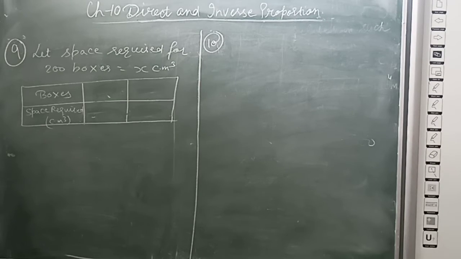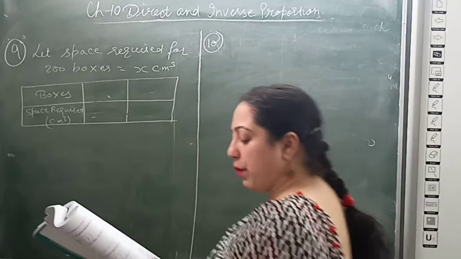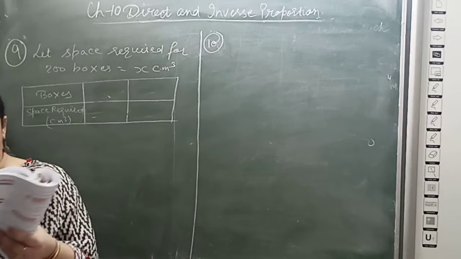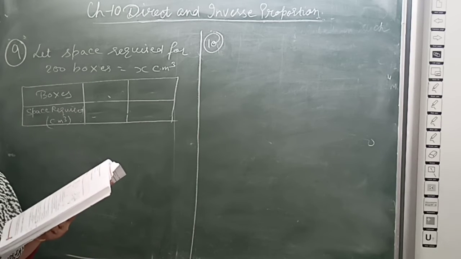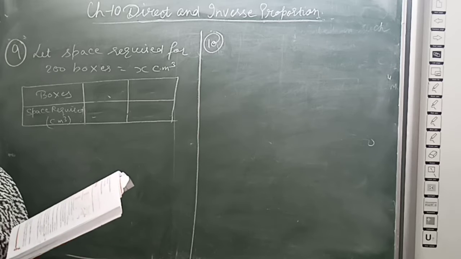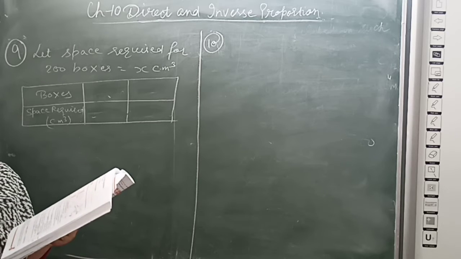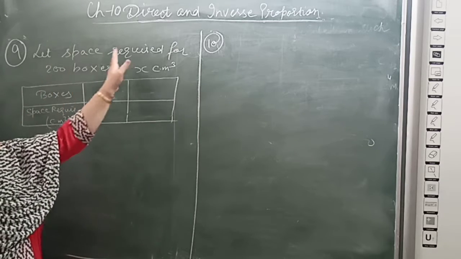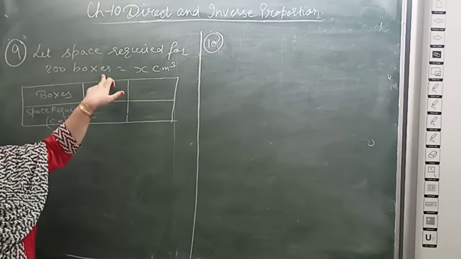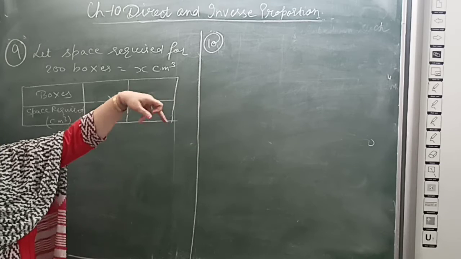Sum number 9 is, if two cardboard boxes occupy 500 centimeter cube space, then how much space is required to keep 200 such boxes. Now beta, we have to find out the space. Let us suppose the space required for 200 boxes will be x centimeter cube.